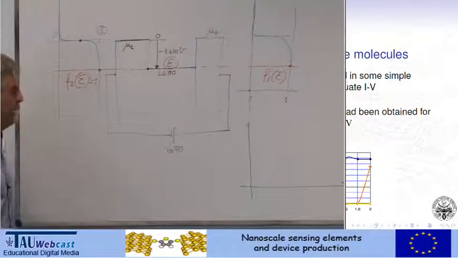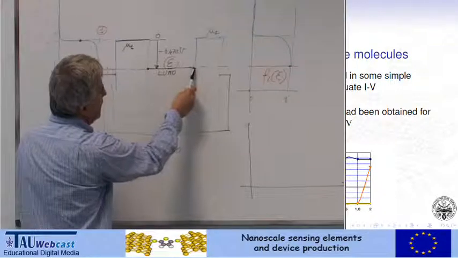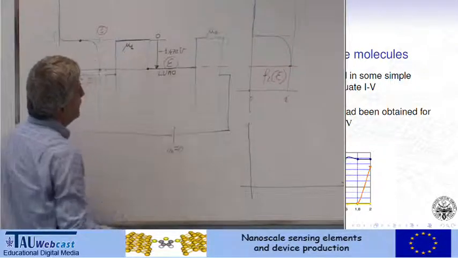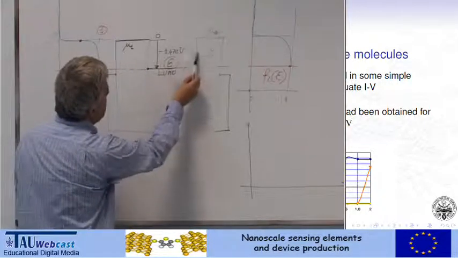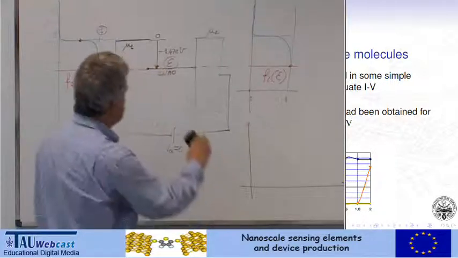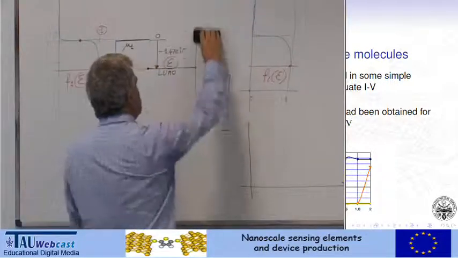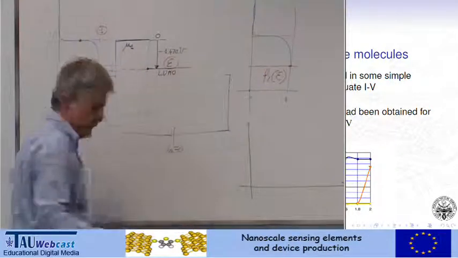And the current will be greater and greater when the molecular level is there. So we can try to redraw this scheme, just modifying the electrode on the right.